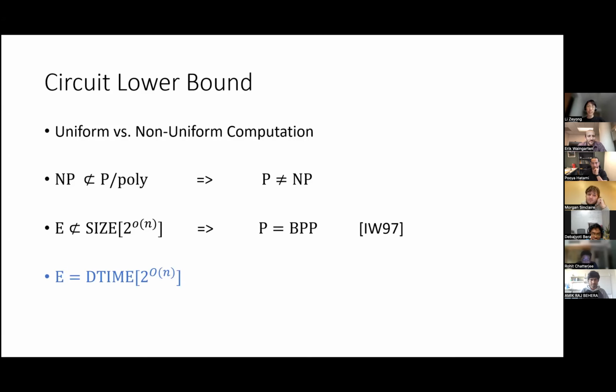And here, E stands for deterministic 2 to the order n time. So throughout the talk, whenever the letter E shows up, it typically represents the exponential time version of some polynomial complexity class. We'll see more of it later on.